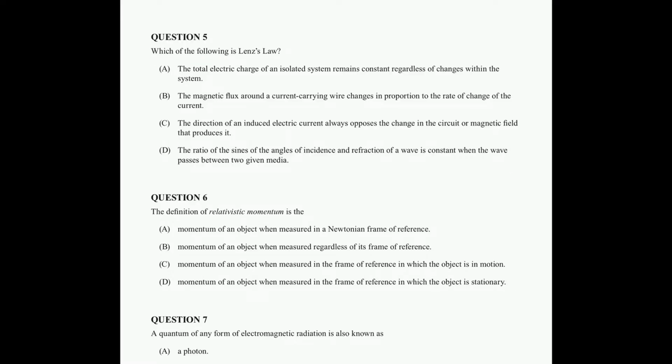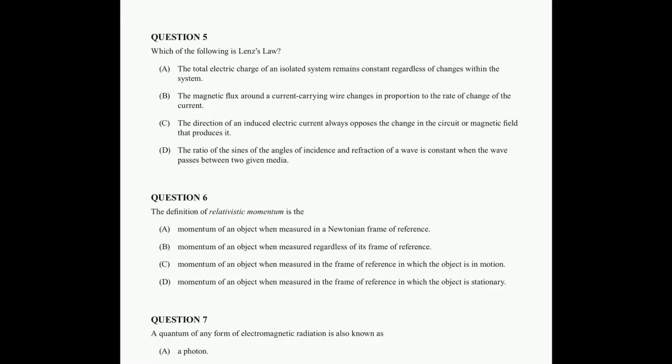The total electric charge of an isolated system remains constant regardless of changes within the system. To me, this doesn't sound like Lenz's law. This sounds more or less like the conservation of electric charge in a closed system. The magnetic flux around a current carrying wire changes in proportion to the rate of change of the current. Again, this doesn't sound too much like Lenz's law.